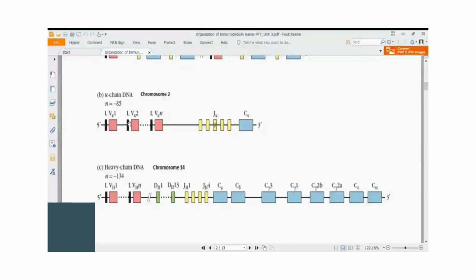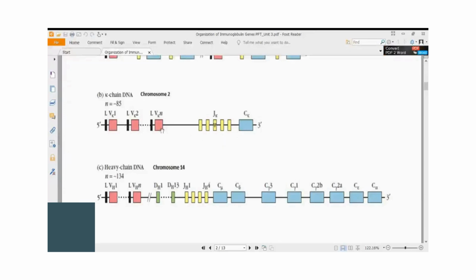So 300 clusters of the exons of the variable region of the kappa chain are distributed on chromosome number 2 in the upstream region of the constant region. Upstream means towards the 5' end of the constant region.